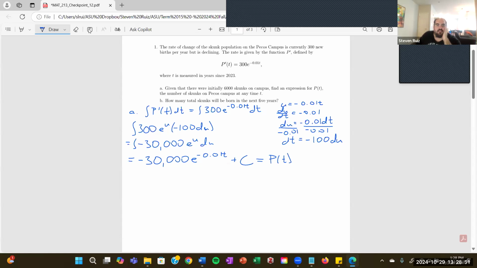Now, the last thing we would like to do is to figure out what this value of C is. So what I'm going to do next is plug in 0 for t. I know that when t equals 0, P of t equals 6,000.